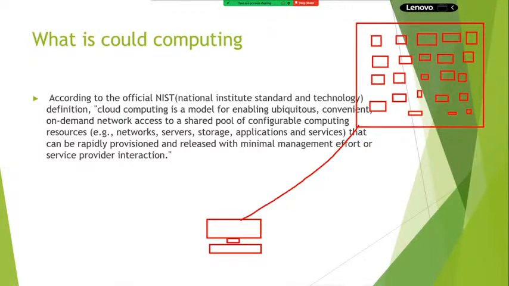What is the cloud? I am repeating: cloud is nothing but a collection of remote services accessed over the internet, called cloud computing. Remote services means whatever your organization environment needs, everything is placed in the cloud.